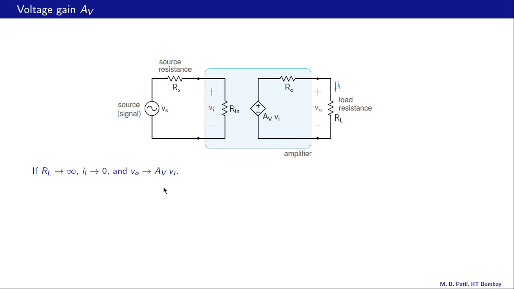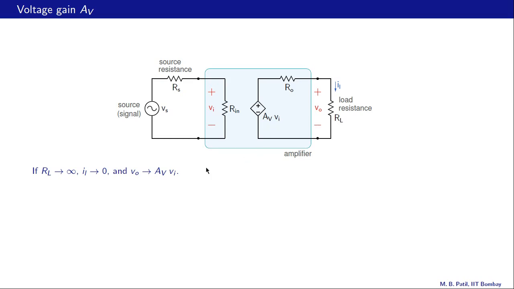Let's look at the voltage gain first. If RL is infinite, that is if this load resistance is replaced with an open circuit, then obviously this load current IL would be 0. Then there would be no voltage drop across Ro, and this Vo would be equal to AV times VI.